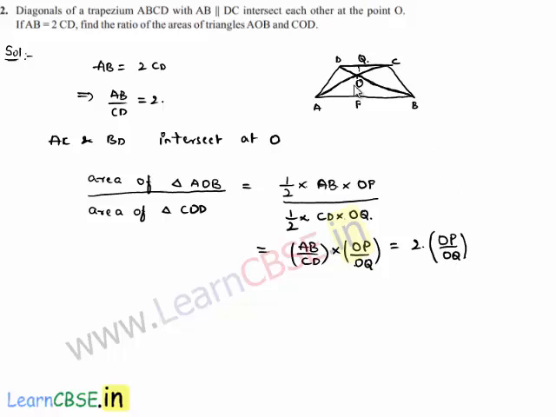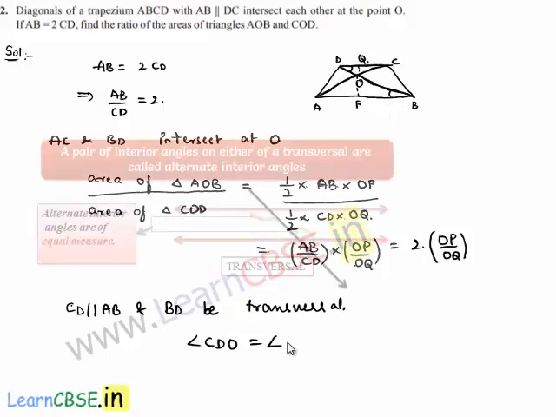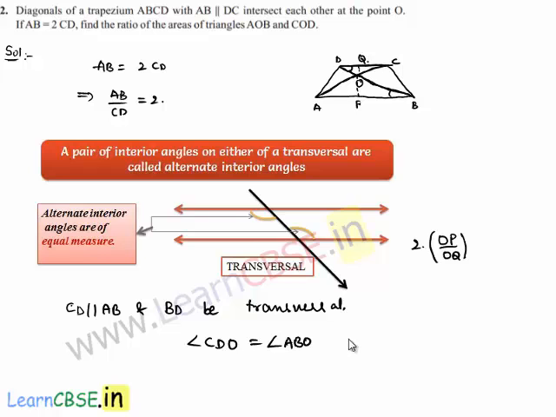Now if we consider triangle AOB and triangle COD, let us assume that CD is parallel to AB and BD is a transversal. Then angle CDO is equal to angle ABO because they are alternate interior angles.